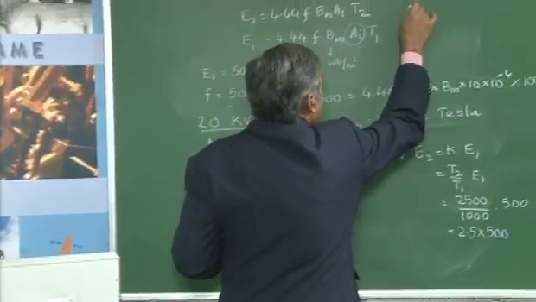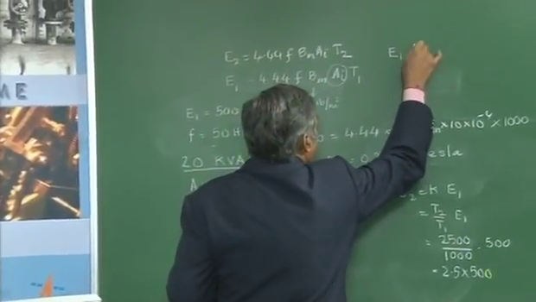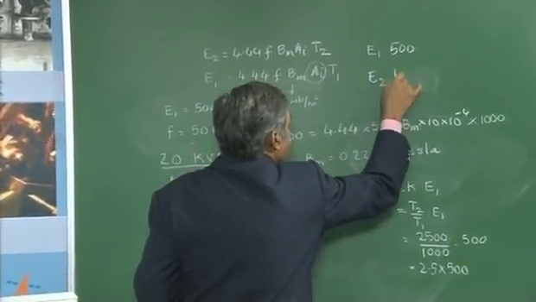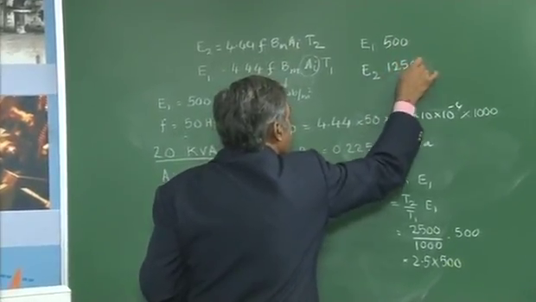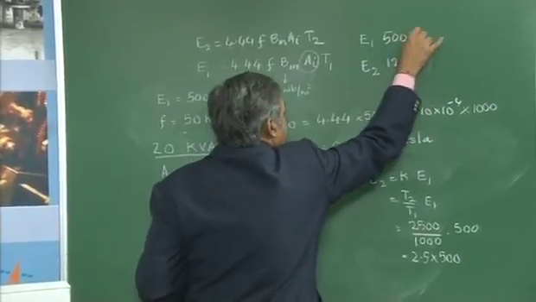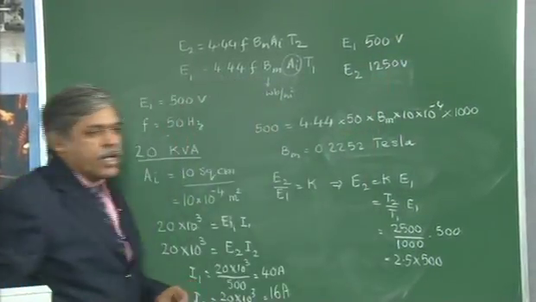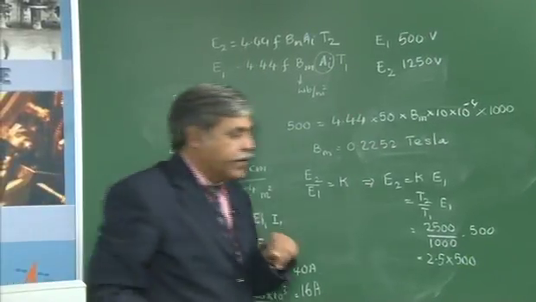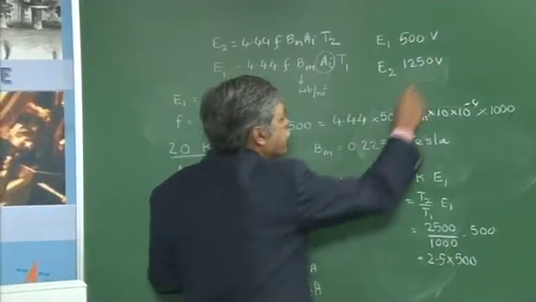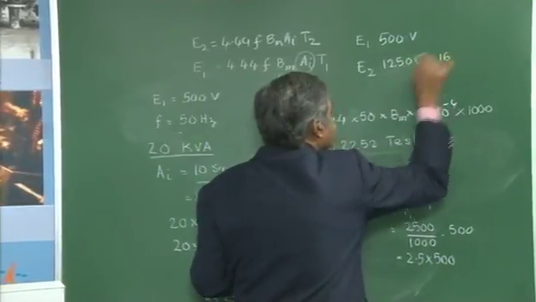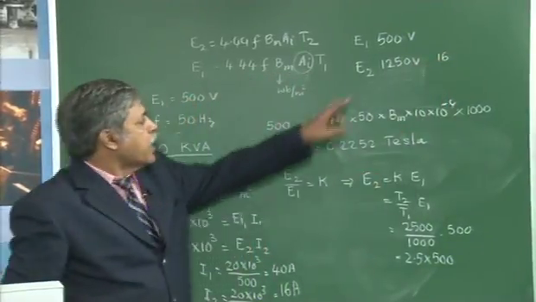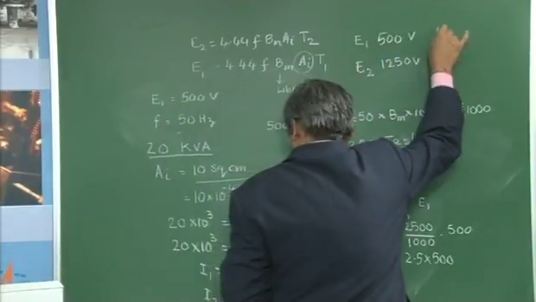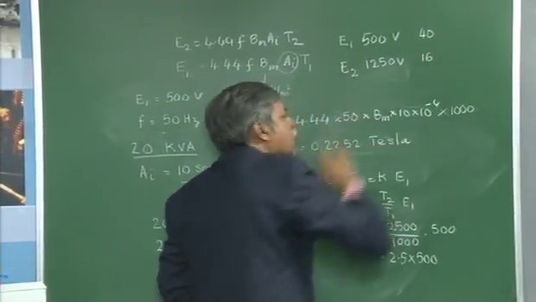Now let us see here. The primary winding has a voltage of 500 volts. The secondary winding has a voltage of 1250 volts. So in a transformer, whichever winding carries larger voltage will carry small current. That means the current here is 16, and the winding which has lower voltage will carry larger current, so that is 40 amperes here.